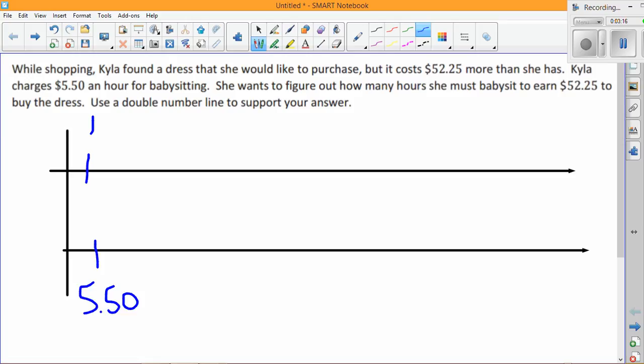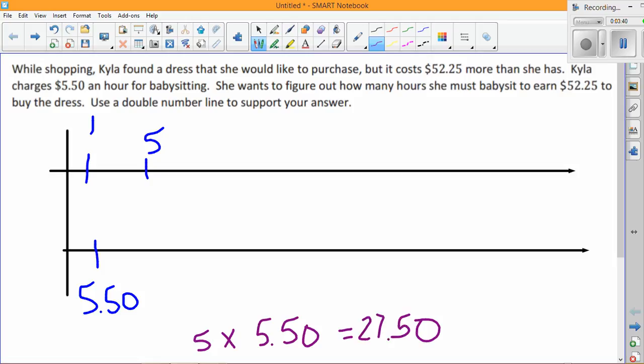And instead of going by ones on the top, I can go by any number I want. So I'm going to skip a little space and let's go to 5. And I know that, coming down to the bottom here, 5 times $5.50 would be $27.50.